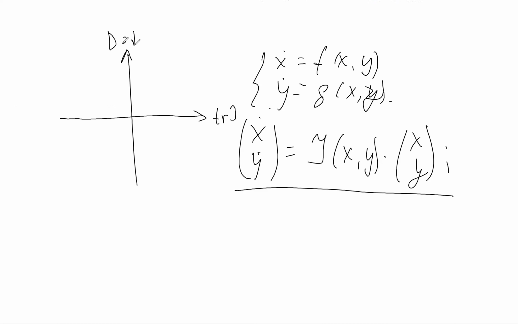Determinant was here. Based on our knowledge of trace and determinant, the point with coordinates trace and determinant of the Jacobian, if it is somewhere here, then we have a stable node.